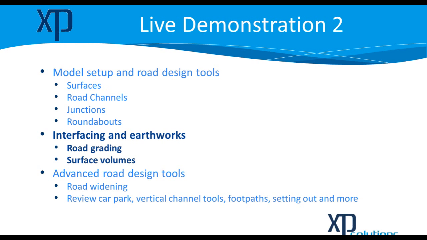We'll now move on to a short section on interfacing and earthworks. So we'll look at road grading for the roads we've added into our design. We'll also look at some of the surface volumes you might need to calculate, and just mention some of the other earthworks tools, but again, we'll cover those in a future webinar.